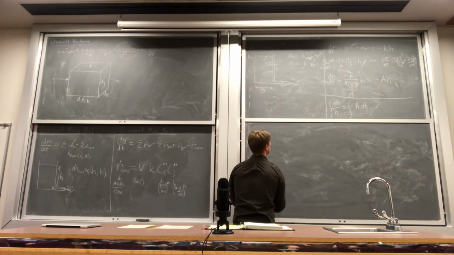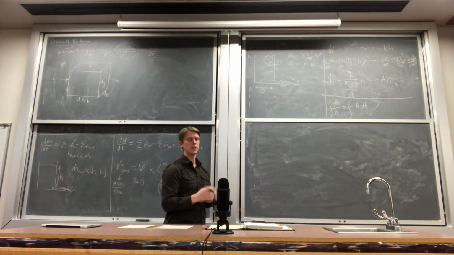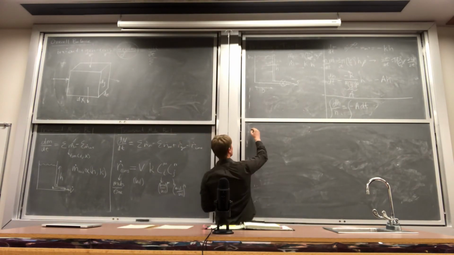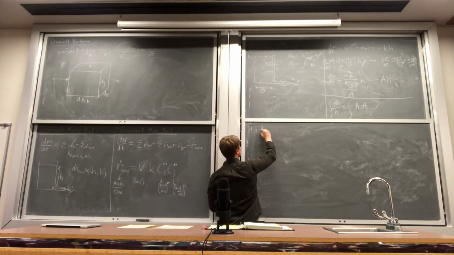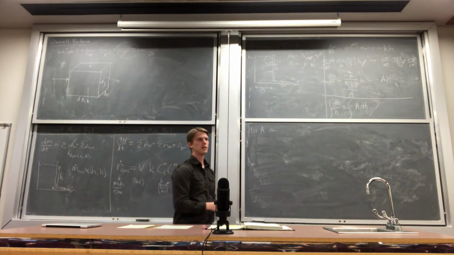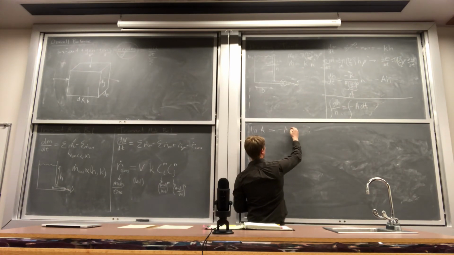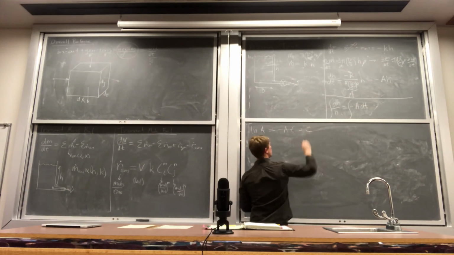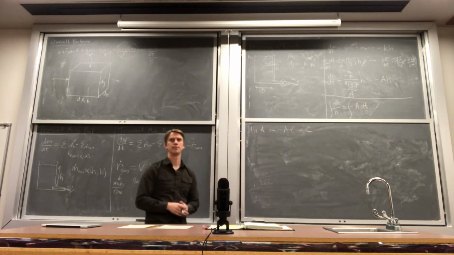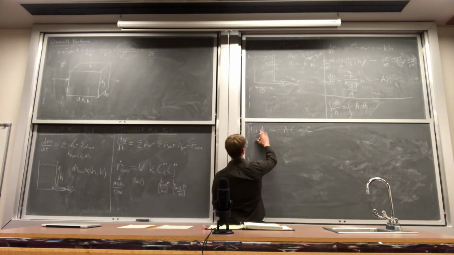Okay, so integrating 1 over x or 1 over h is what? Natural log. Integrating a constant gives minus a t plus a constant of integration. Isn't that natural log of h? Oh yeah, sorry. That's right.